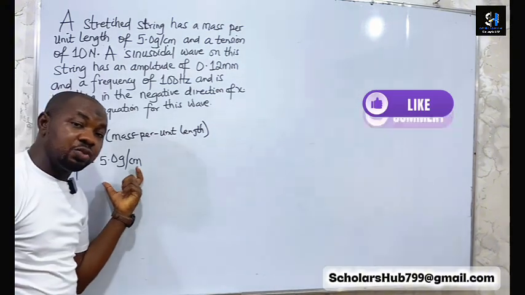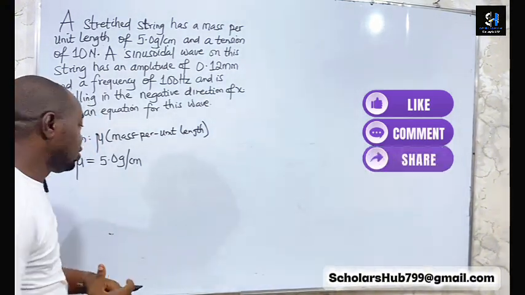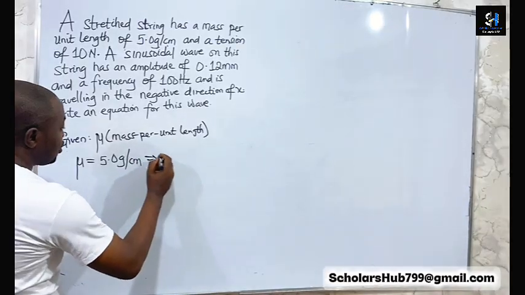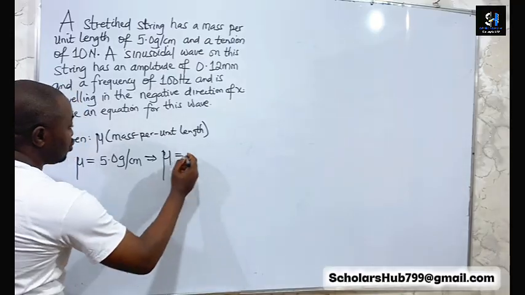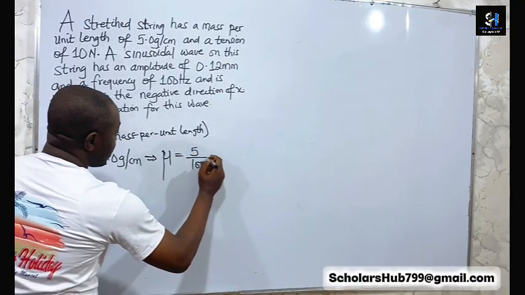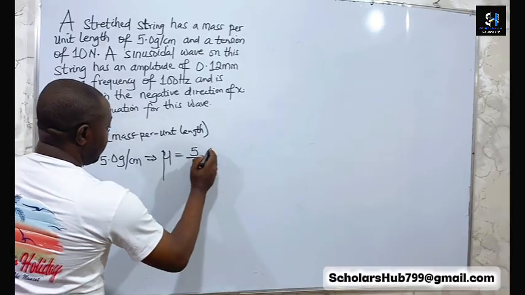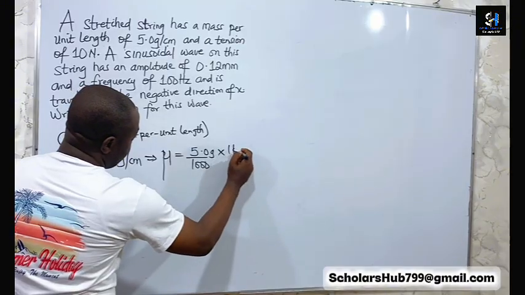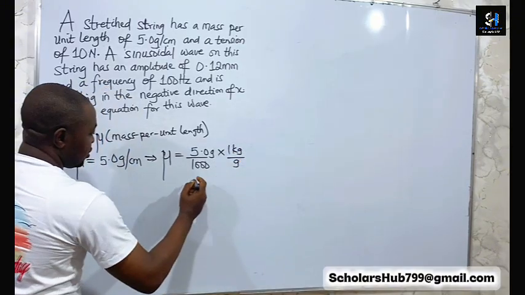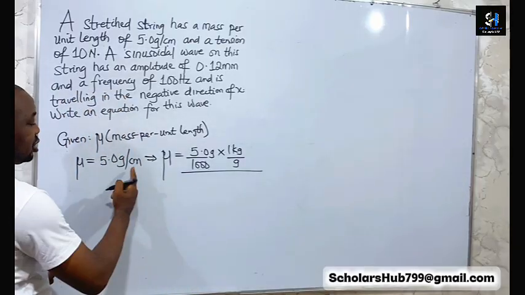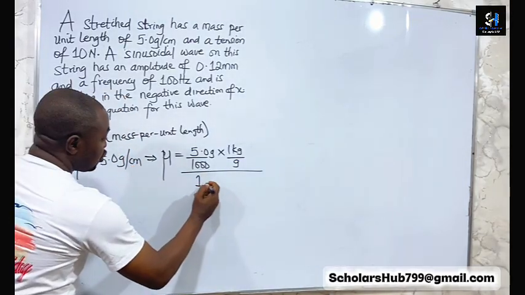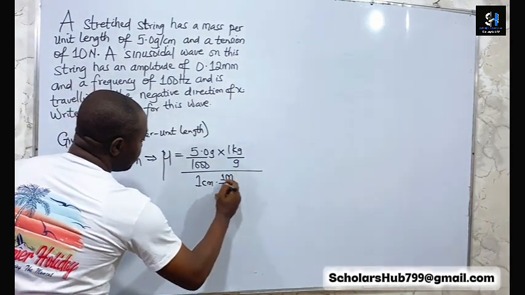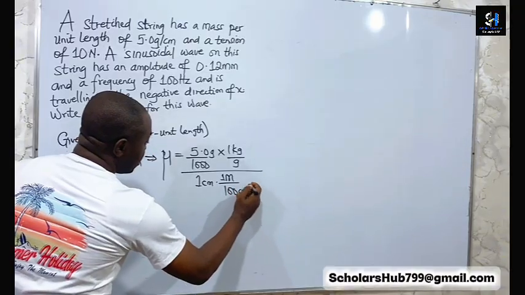And we know that all units must be converted into SI units. So I'm going to convert this to kilograms per meter. The mass per unit length will be 5.0 grams divided by 1000, multiplied by 1 kilogram per gram, and then to change 1 centimeter to meter, I'm going to multiply by 1 meter over 100 centimeters.